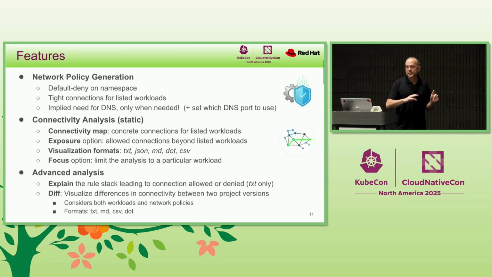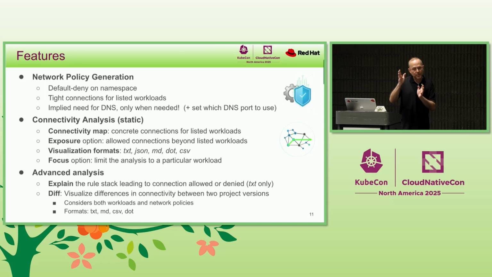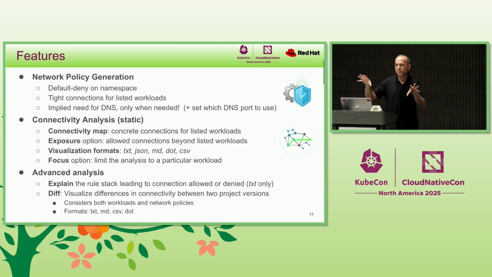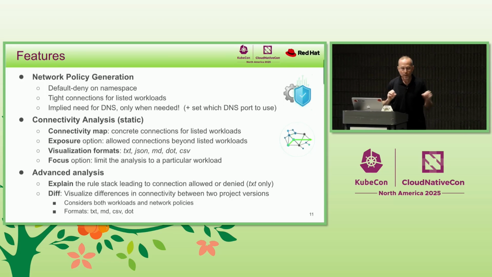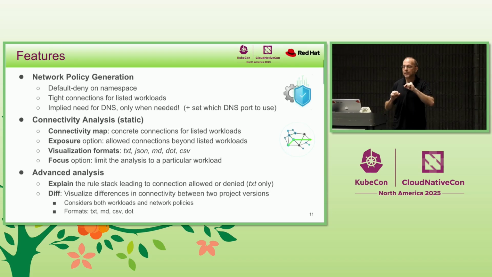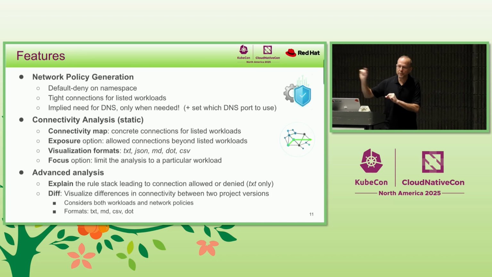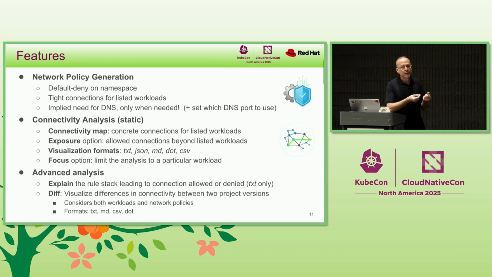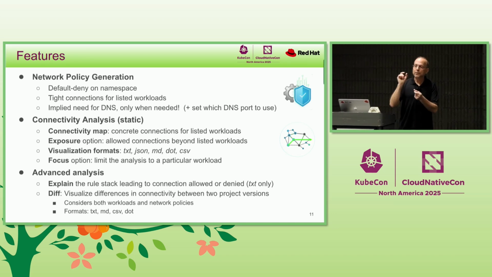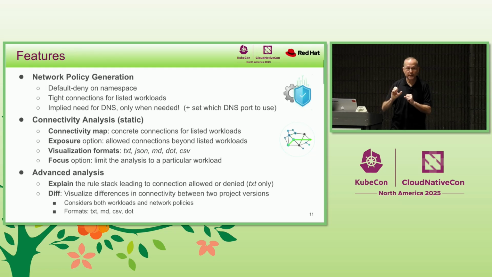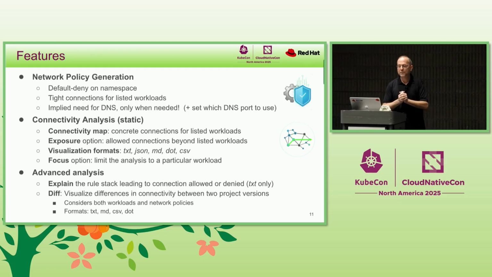On the analysis side, we show the connectivity map, which tells you these are the connections that your application is asking for. More than that, we can analyze and tell you that with a given network policy, you allow those connections, but you're actually over-allowing. And when we generate, we may not have enough detail to make it tight, but we will recommend that you make it tighter. We support a number of visualization formats.